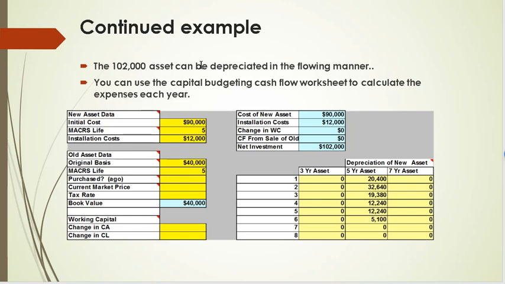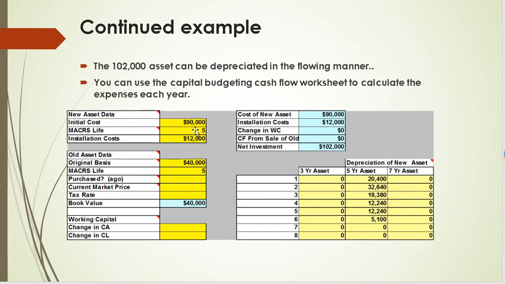So this $102,000 can be depreciated in a number of ways. You can just take the value and multiply it by the basis, and that certainly is an easy way to do that. But we also have a worksheet. If you use the capital budgeting cash flow worksheet, you can calculate what's referred to as the depreciation schedule.